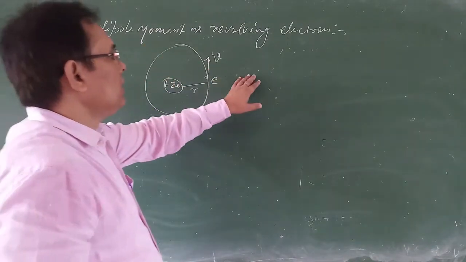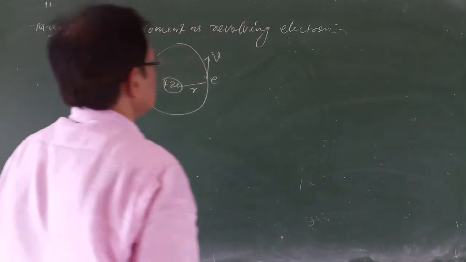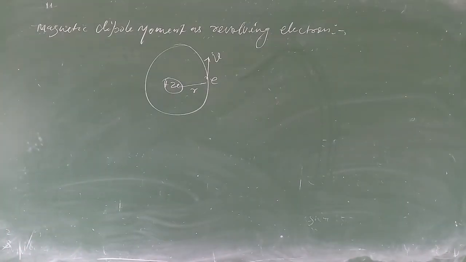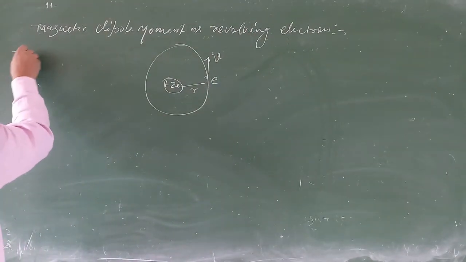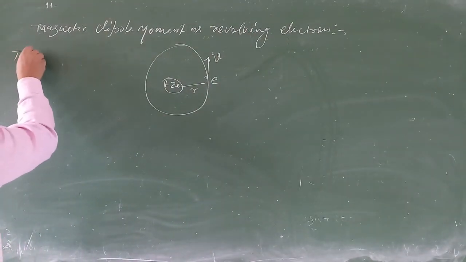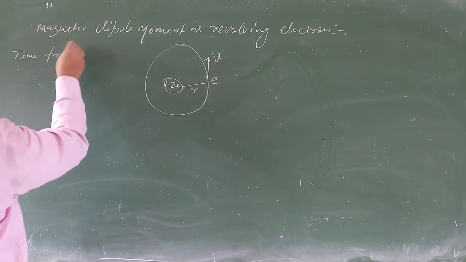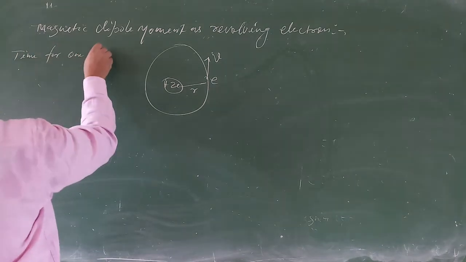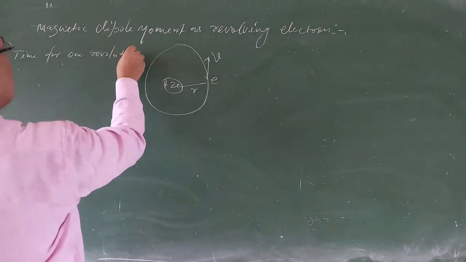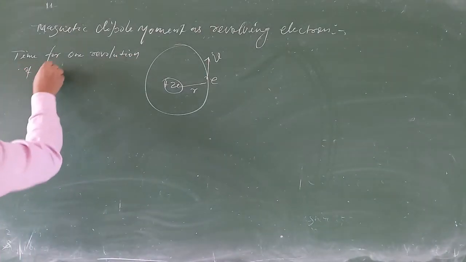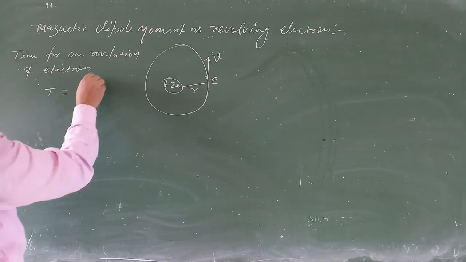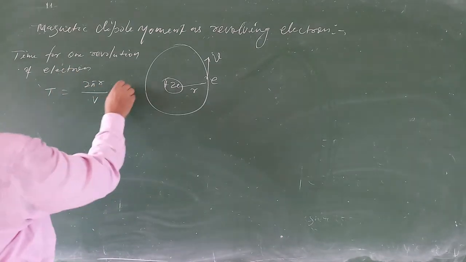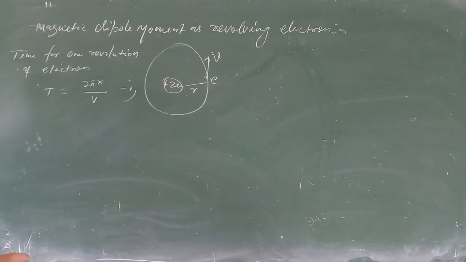So you can find the time taken for one revolution of the electron. You can write T equals 2 pi r by v, distance by speed.